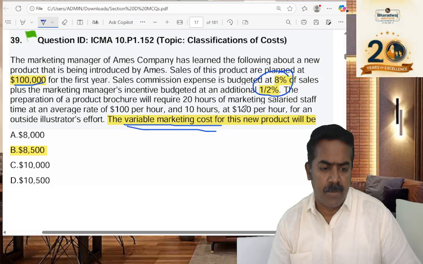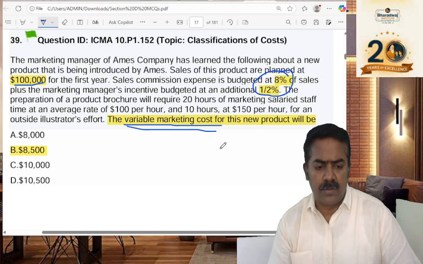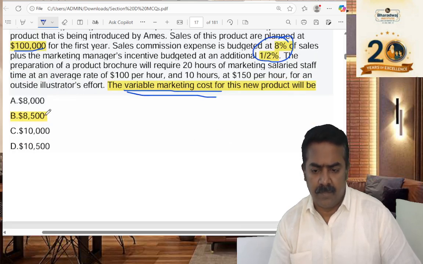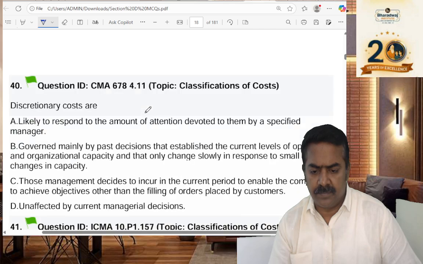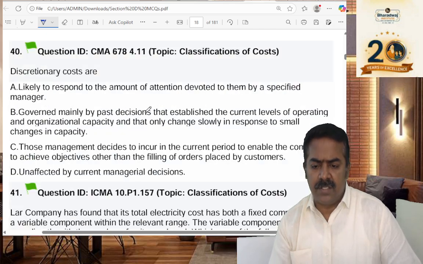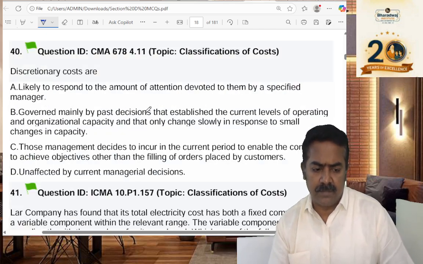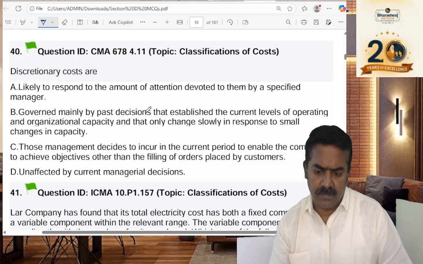Total cost is different. For total cost, we will include 20 into 100, 10 into 150 also. 3,500 also will be included. We can just add it. This is the cost. Discretionary costs are at your discretion.